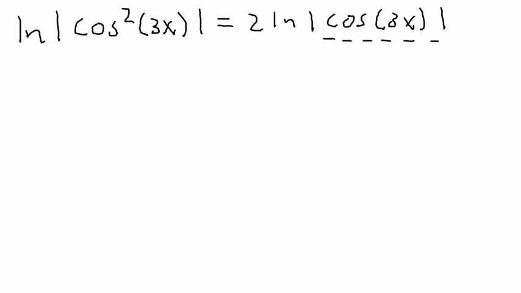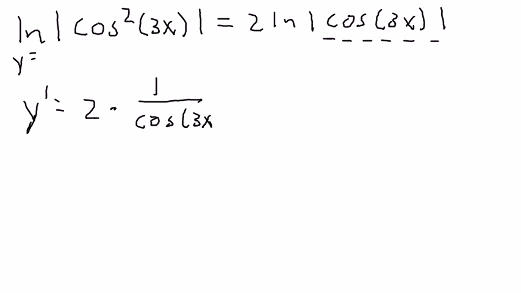The 2 stays out front, so this should be equal to y prime. Sorry, I should have written that. So y prime is going to be the 2 times 1 over the cosine of 3x times the derivative of the cosine of 3x, which is going to be negative 3 sine of 3x.